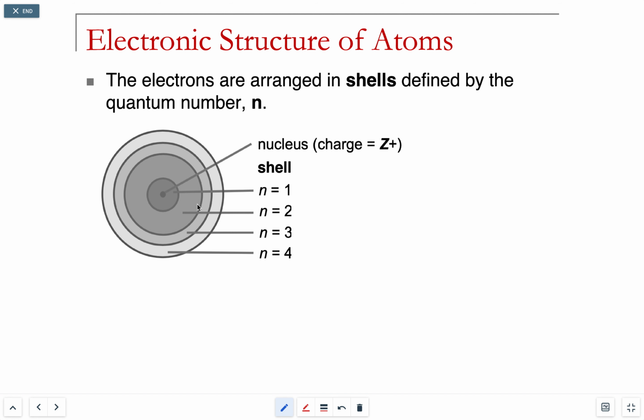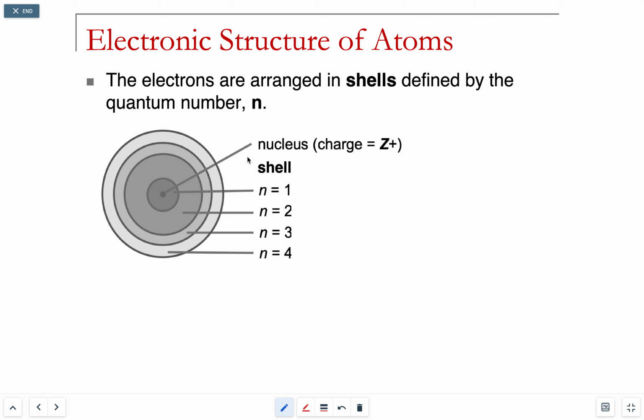Now, the other important thing to understand is that the closer the negatively charged electrons are to the positively charged protons, the more tightly bound the electrons are, because they're experiencing a stronger force of attraction. The closer the positive and negative charges get to one another, the stronger the attraction.